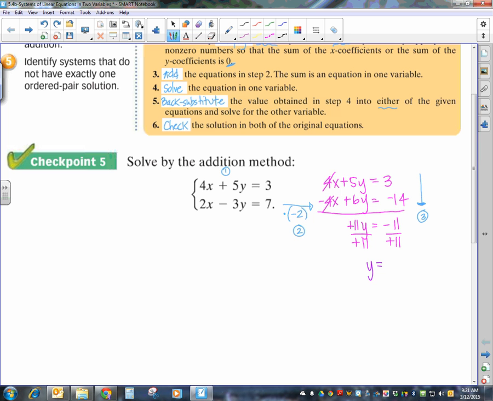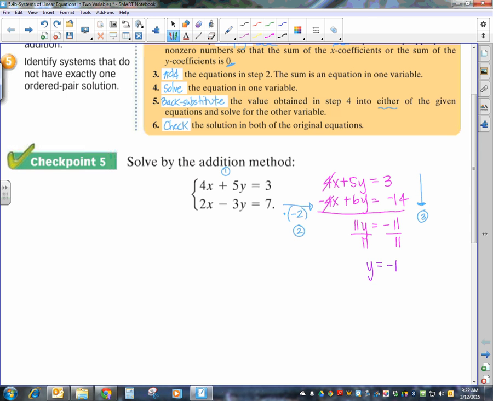Let me refresh that again real quick. Negative 3 times negative 2 is positive 6. 5 plus 6 is 11. And then 3 and negative 14 is negative 11. I divide by 11. I'm going to erase these positive signs because that might confuse some people. So I'm just dividing by 11 each time.